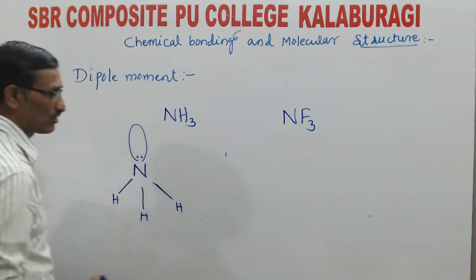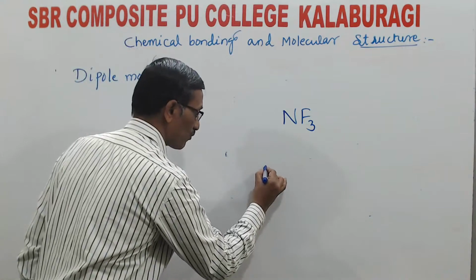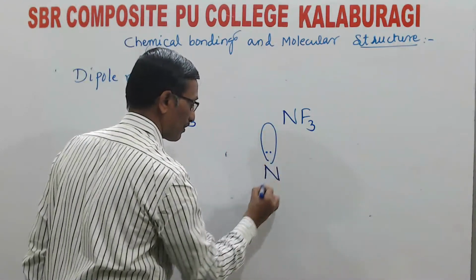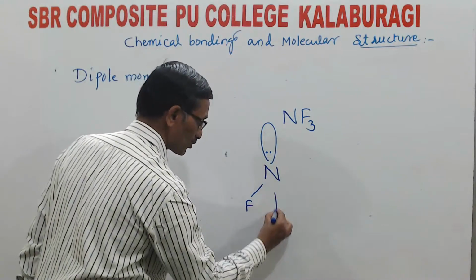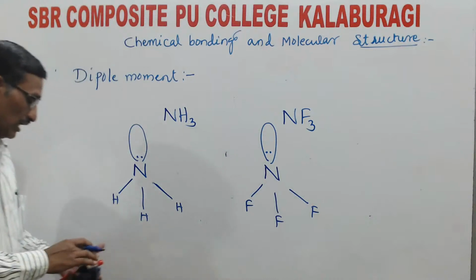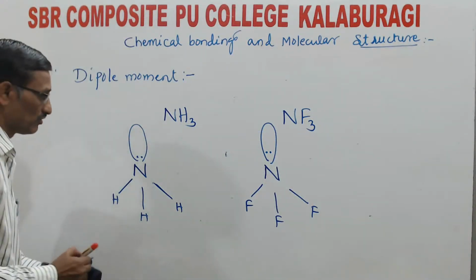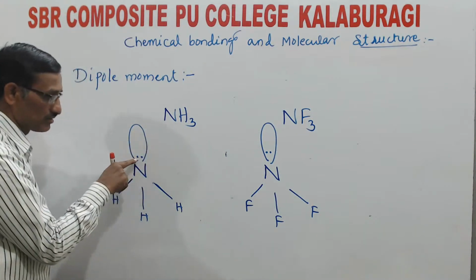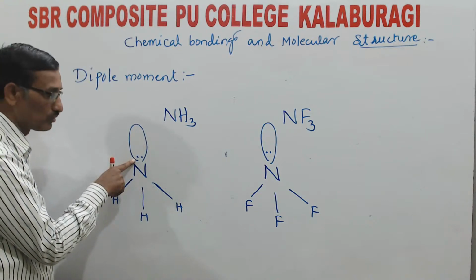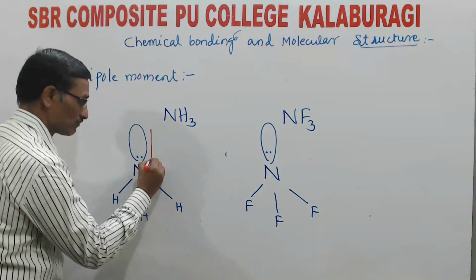One lone pair of electrons. Coming to this one, nitrogen trifluoride: 1, 2, this is 3. Fine. Now, in this case, see here, this is the orbital dipole due to the presence of a lone pair of electrons.